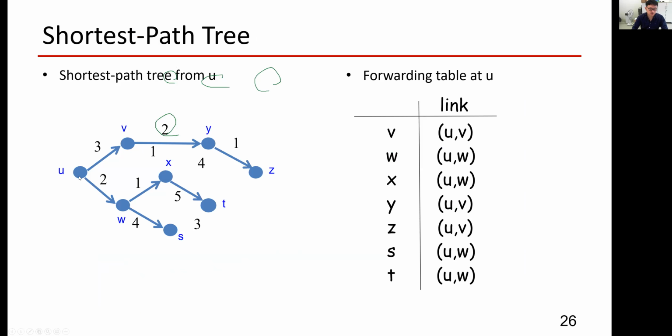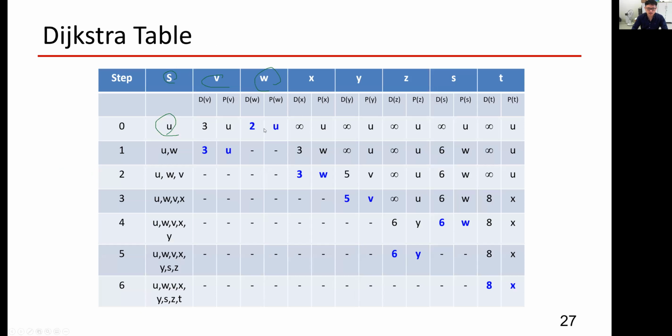So in the view of U, only V and W are connected, with the cost and the initial neighbors adjacent to U, and then you keep increasing. Then once it is fully discovered, with the 1 hop I can eliminate those, then you can keep expanding it until you discover everybody.